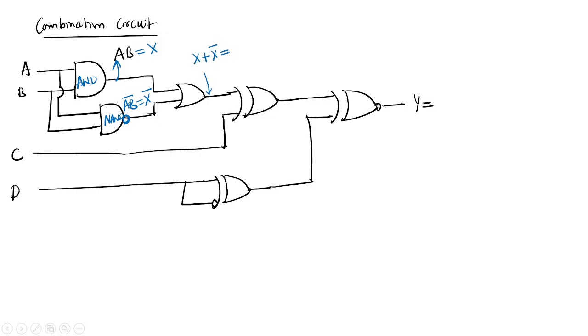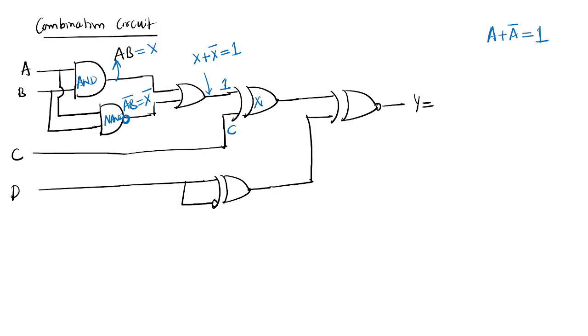In Boolean algebra we have already seen A plus A bar. What is A plus A bar? It is 1. So you are getting 1 over here, and here you are getting C. This is an XOR gate.